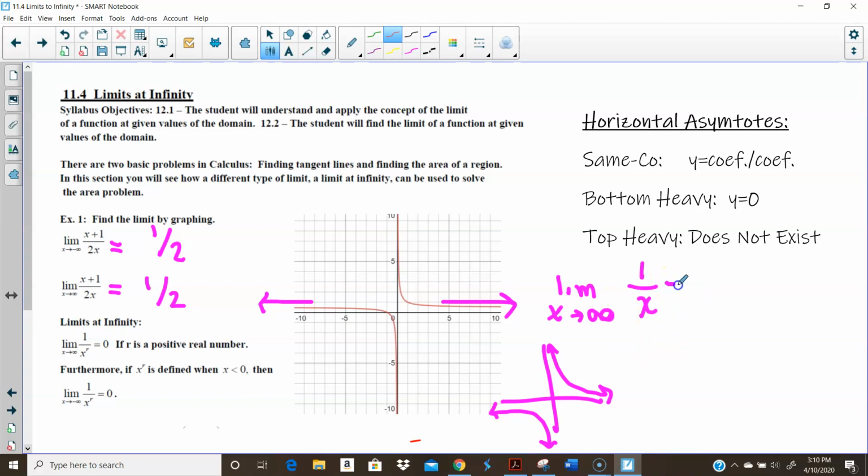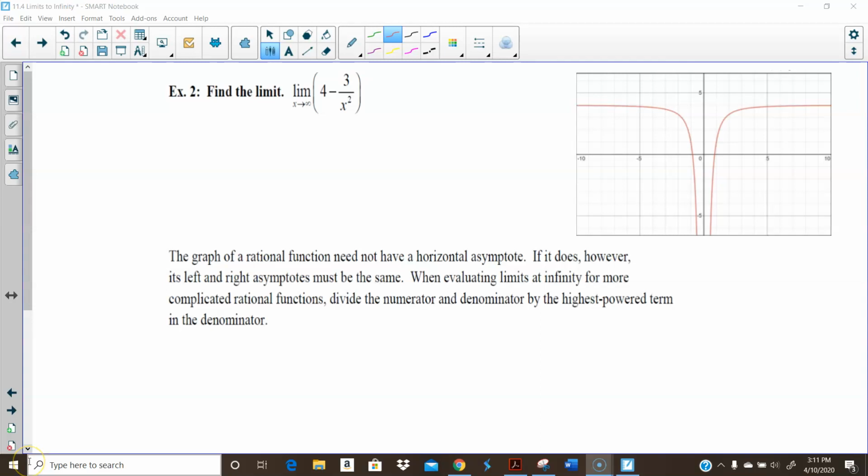And so as I move to infinity out here, the limit is equal to 0. Now, if I did the limit as x approaches negative infinity, out here, this is also moving towards the horizontal asymptote of 0.